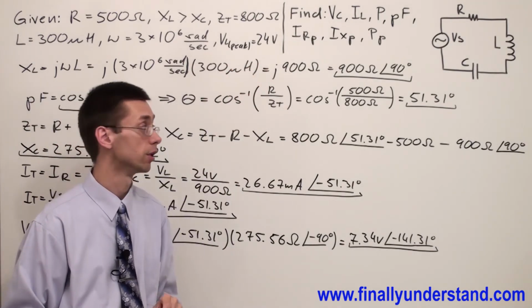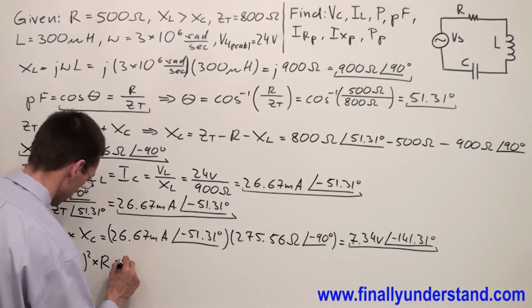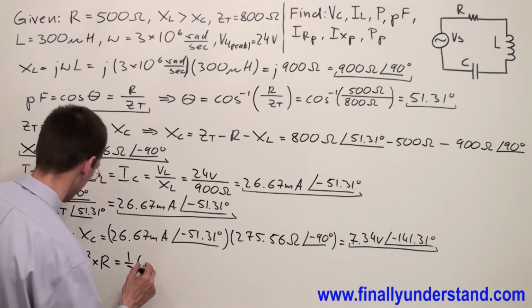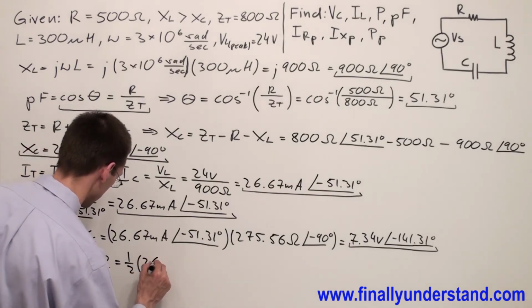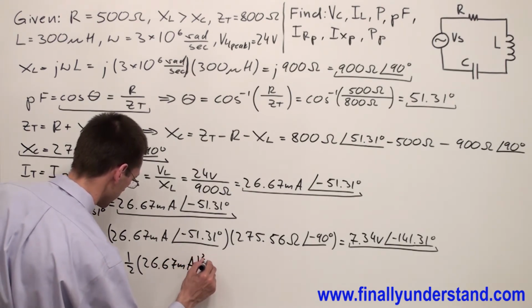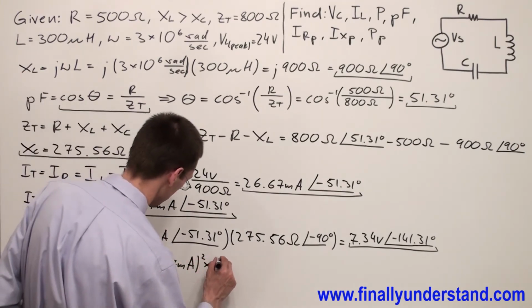Okay, peak voltage gave me also peak current, that's why I'm supposed to use 1/2 over here. So I have 1/2 times the current, 26.67 milliamps raised to the second power, times the resistance, 500 ohms.